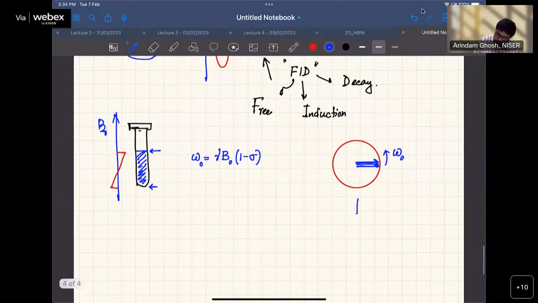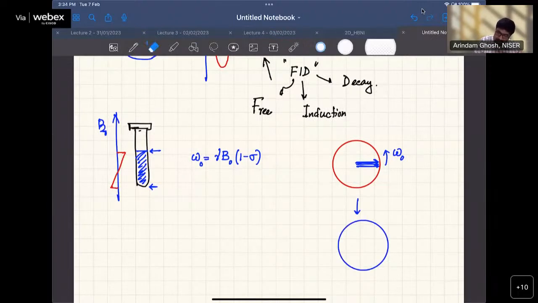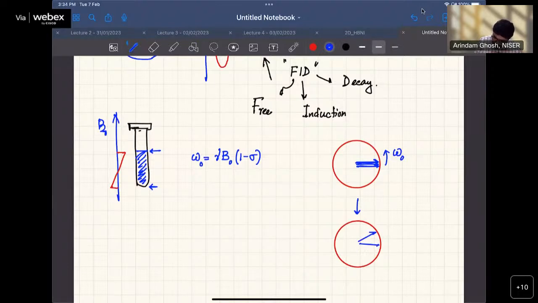After some time, a little bit of debunching will happen. They are not going to go in exactly the same direction.